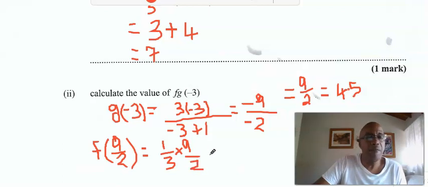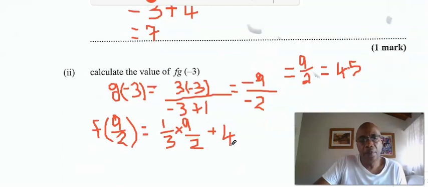And it's plus 4. You can cancel out the 3 and the 9 when you multiply 1/3 times 9 over 2. So 3 into 3 is 1. 3 into 9 is 3. So when you multiply, we'll simply get 3 over 2.